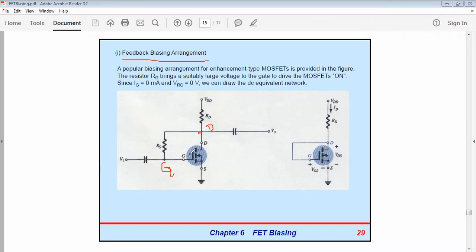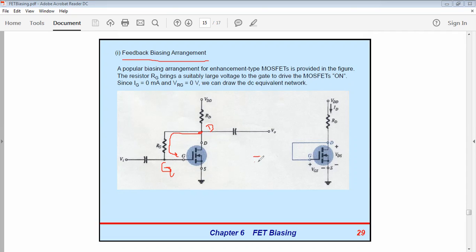This is the gate terminal, this is the drain terminal. Drain to gate feedback. The source terminal is connected to ground. This is the configuration, feedback biasing arrangement. The same arrangement we discussed in BJT also. In BJT, it is collector to base feedback biasing. Here it is drain to gate feedback biasing.